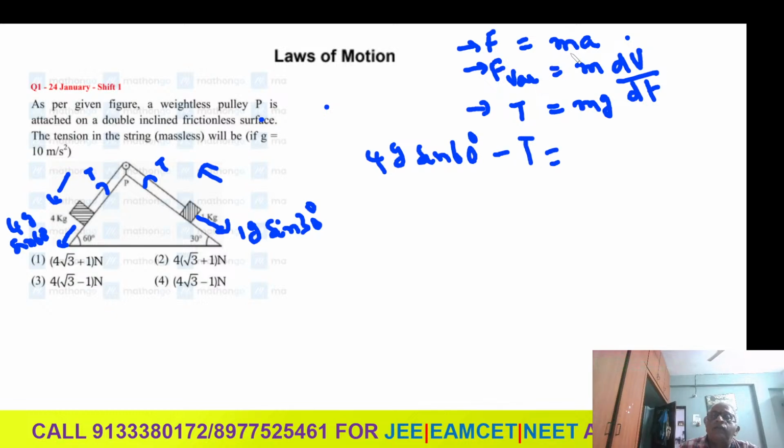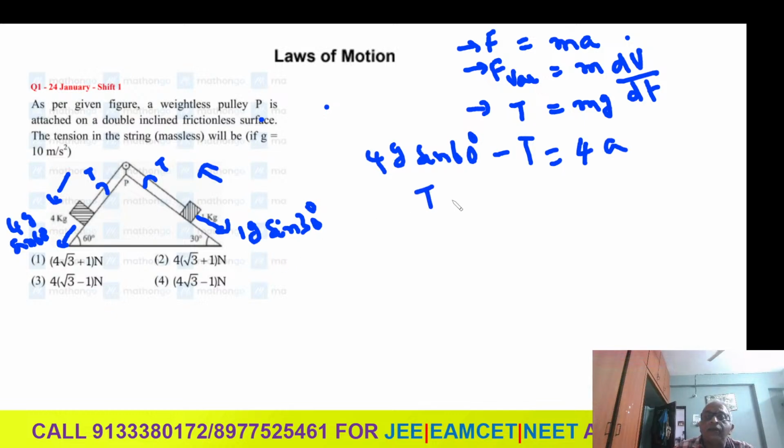Resultant force is equal to ma. Single force means ma, resultant force. One is 4g sine 60, another is tension in the string. This will be equal to 4 into acceleration A. Okay, student. Then here it will go up. Tension is greater than this.